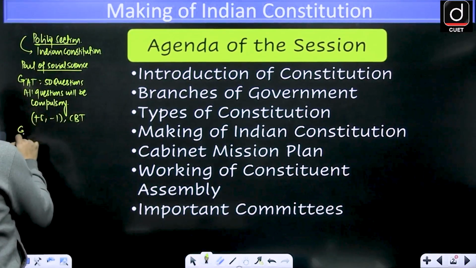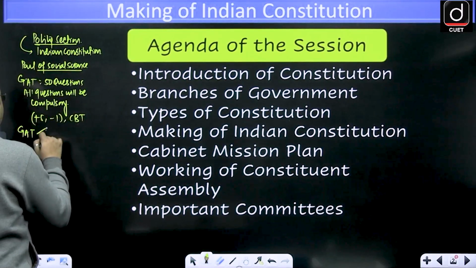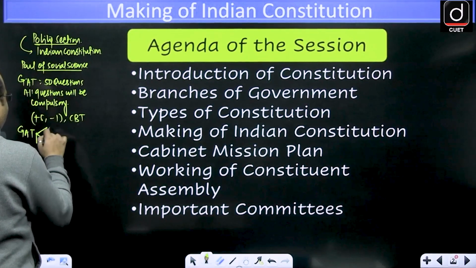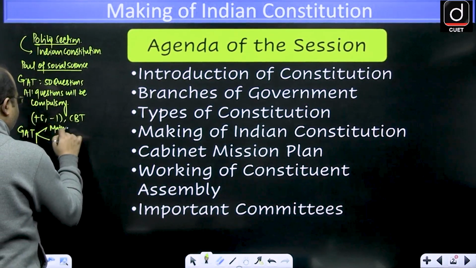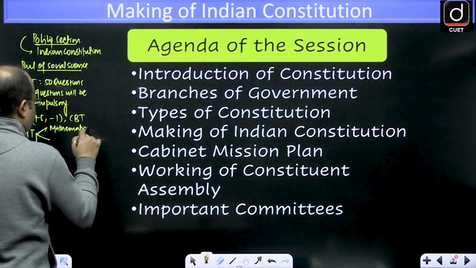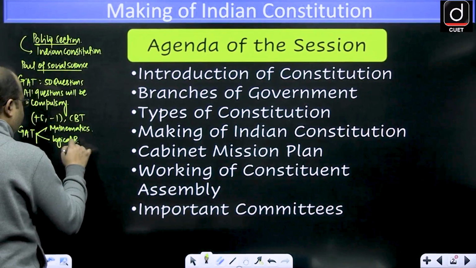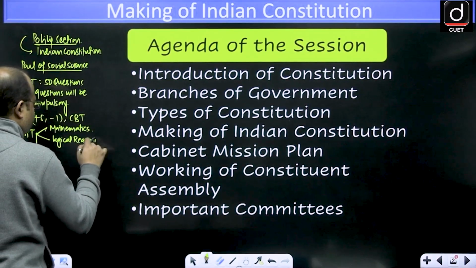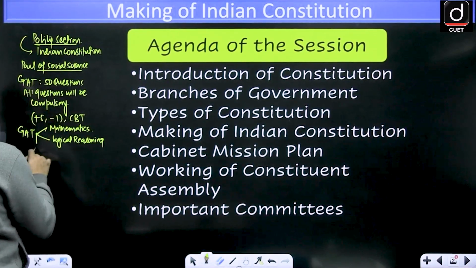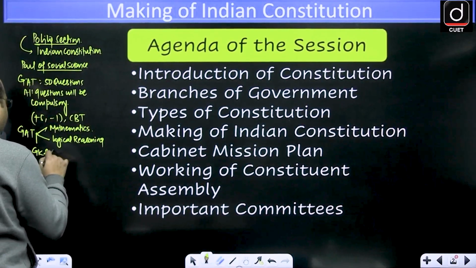And in the GAT section guys, as I have told you, there are three sections. One is mathematics, then we have logical reasoning, and then we have GK and current affairs.